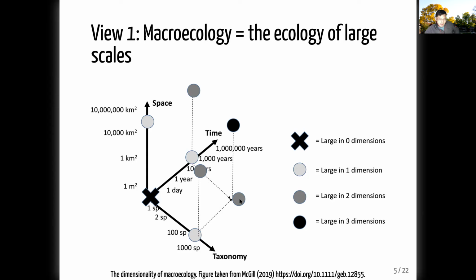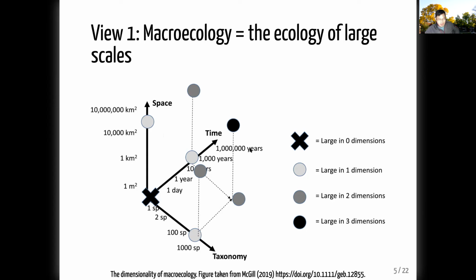And this one, we are talking about lots of species over a long time period, but only in a small area. And this black ball is large in three dimensions. So now we're talking about lots of species across a long time period and across a large area.